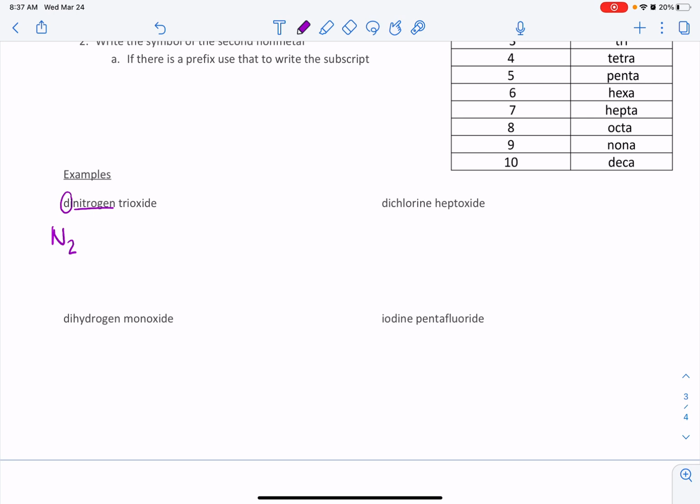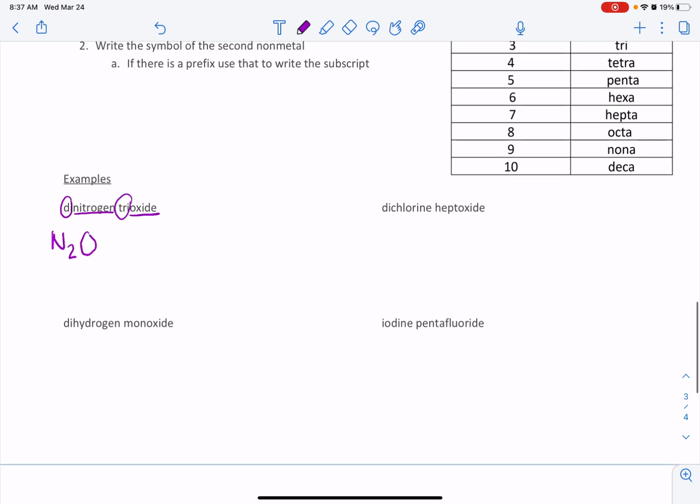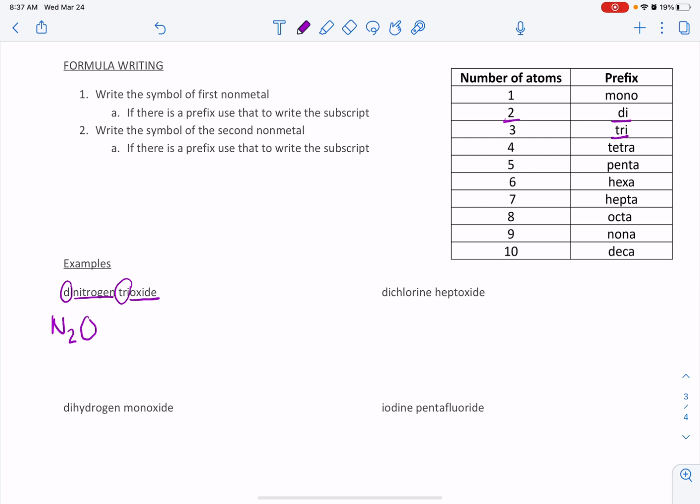And then it says trioxide. Okay, now we've done oxide several times here. We know oxide is oxygen, which is going to be an O. So I'm writing an O. And then I see the prefix is tri. And tri gives me 3. So I have N2O3. And that's my final answer. Pretty simple here.